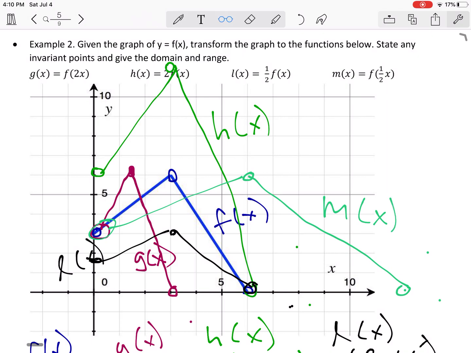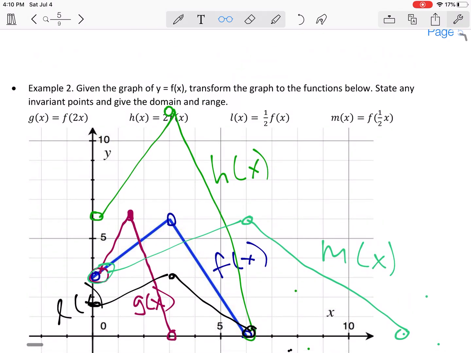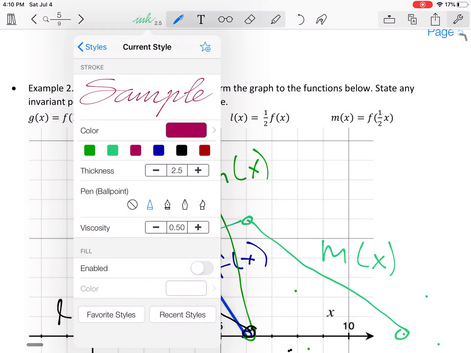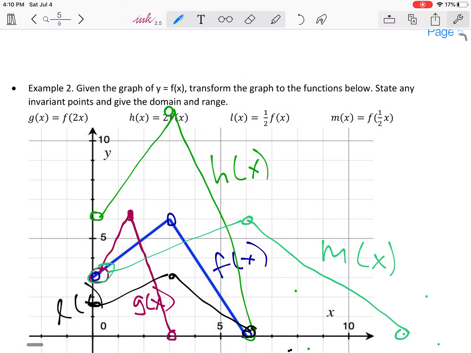Okay. Now notice how it also says, I've mentioned the invariant points already, it also says to give you the domain and range. So just recall, domain is your possible set of x values, and your range is the set of y values.